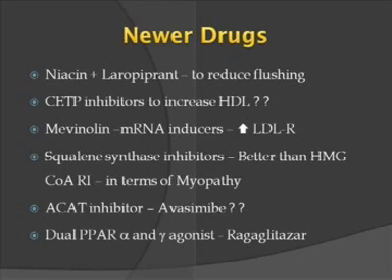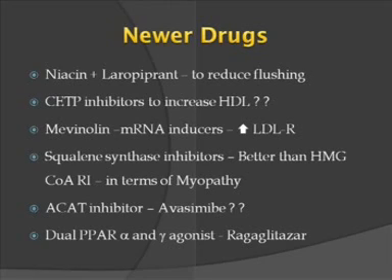There is another group of drugs called the ACAT inhibitors. This is acetyl coenzyme A cholesterol acyl transferase inhibitor, Avasimibe. This also promised a lot, but again ran into some problems. Newer drugs of ACAT inhibitors are being developed.